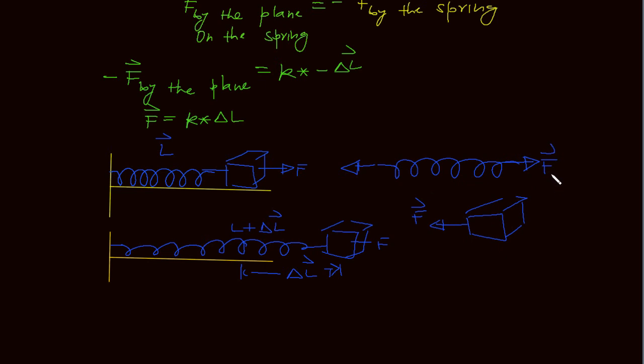So let me call it F external, and this is F by the spring. And let me draw on axis the vectors. So this is my x, this is my y, and all vectors now are in plus x or minus x direction.